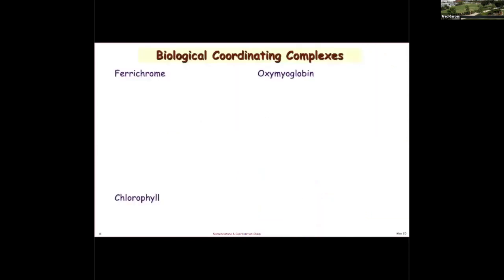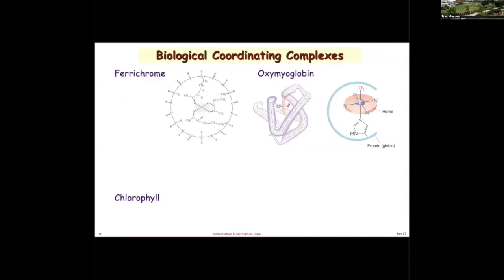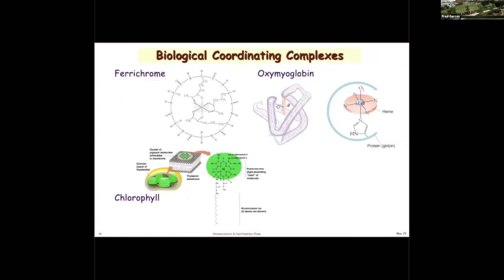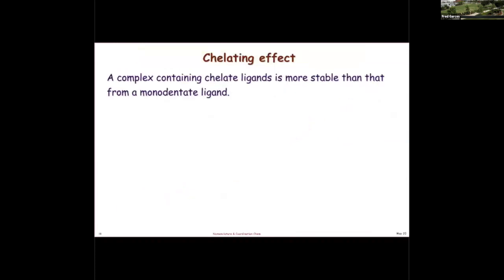And then you also have ferrochrome, oxymyoglobin, and chlorophyll. Those are all examples of polydentate ligands, and they bind to one central transition metal. So it's very important for life, and we study it.